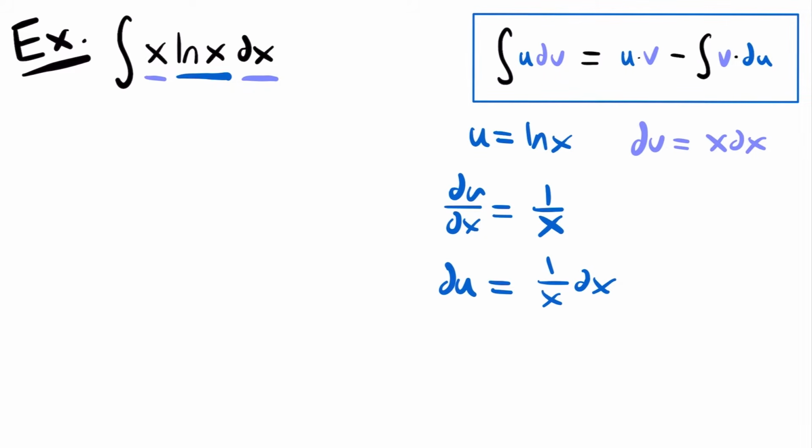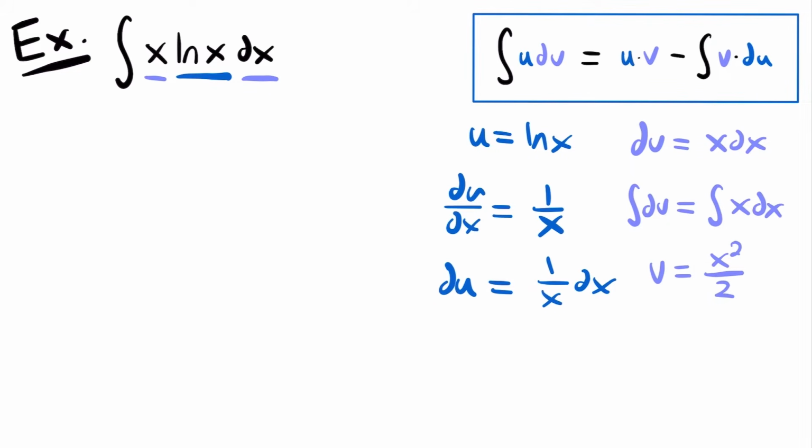Now if we integrate dv, we'll have the integral of dv is equal to the integral of x times dx, and so we will have that v is equal to the integral of x. Now if we use the power rule of integration, we'll add 1 to the exponent and divide by that new exponent, so we'll have x squared divided by 2.